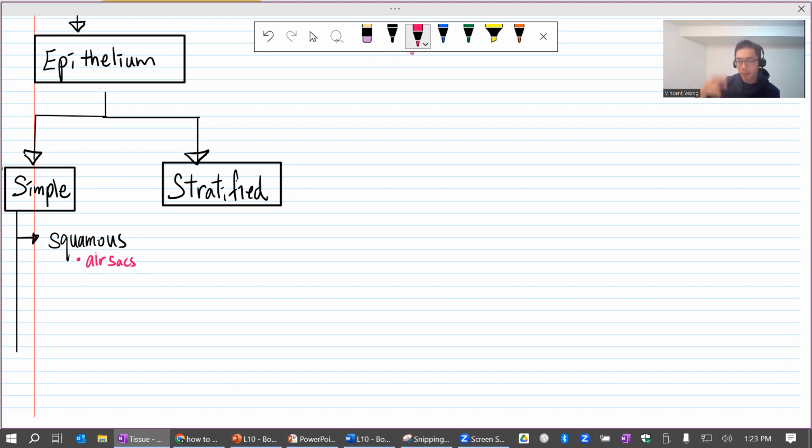We did that already, but you should do it yourself so that you have a nice sheet that you can use as reference for the test. I'm just going to do one here for you. And then you might want to use a different color for function, which is diffusion. Okay, give me two more, please. Blood vessel. Yes, that's an example, correct. But I'm looking for another type of simple.